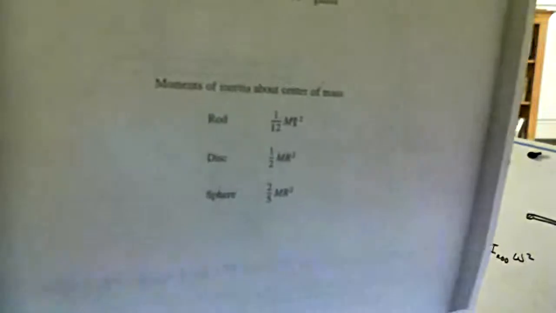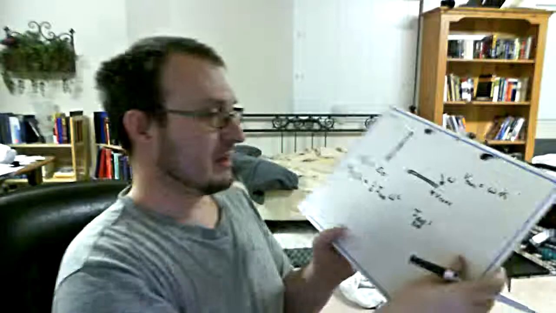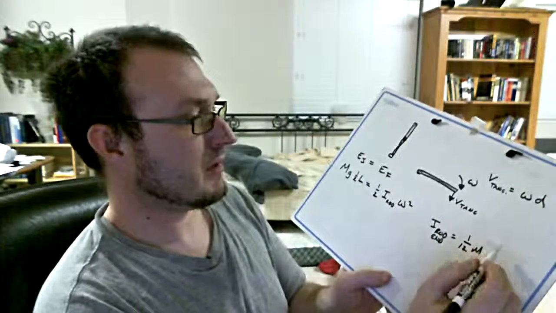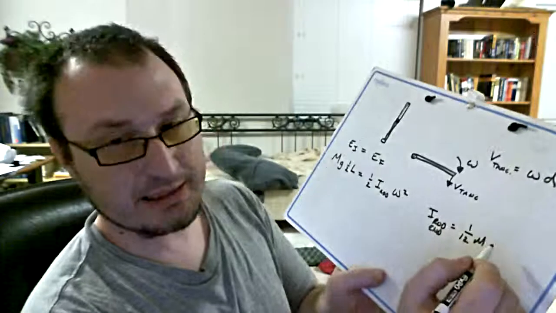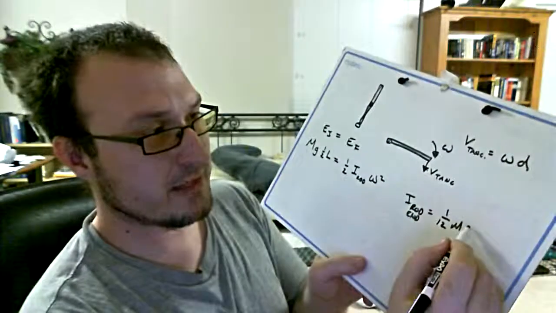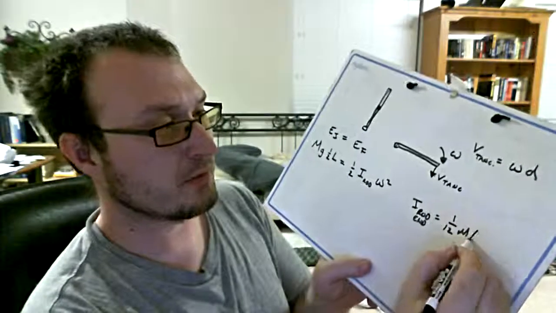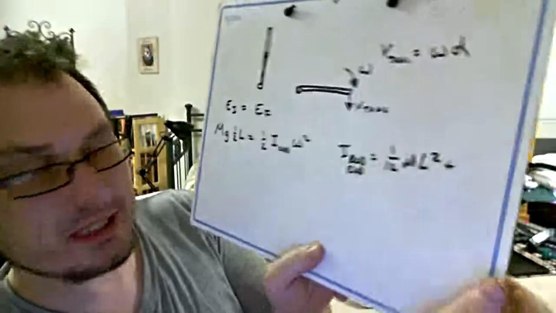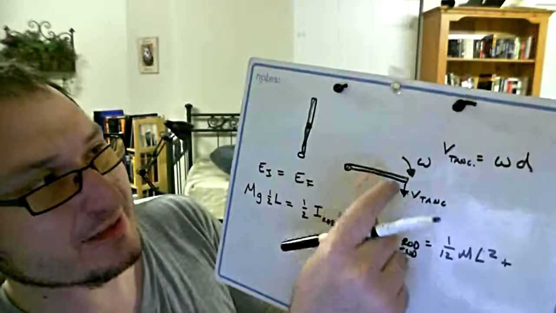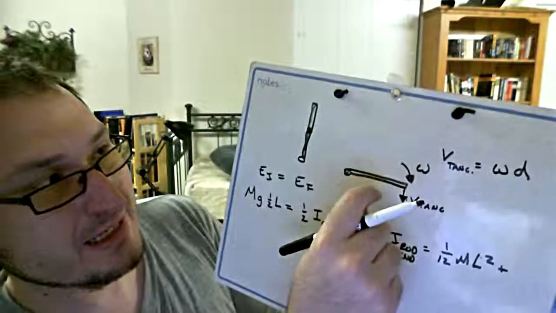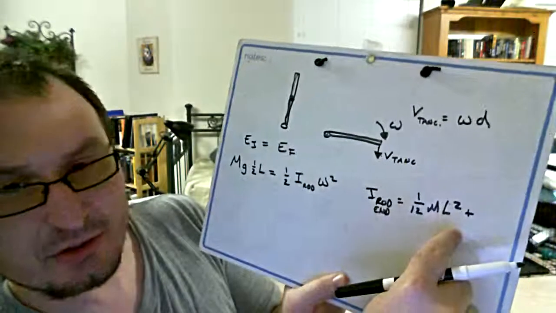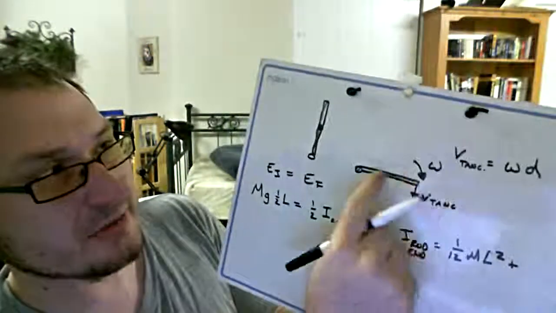It gives you the moment of inertia of a rod as 1/12 mL squared, and the distance in our case is L, so L squared. Then I need to use the parallel axis theorem because I'm going about the end. I add in the original moment of inertia for a rod about the center of mass, and then I treat everything like a point mass.